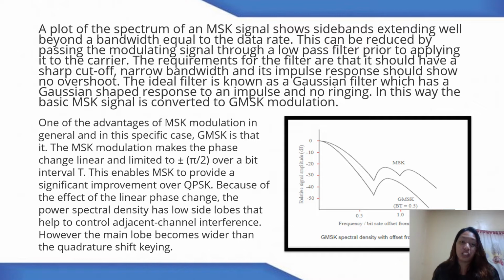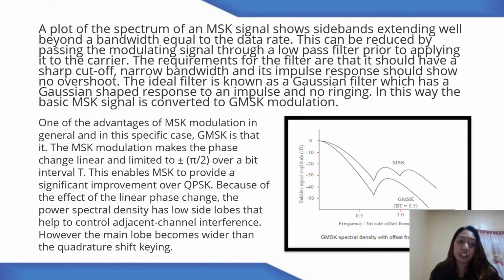One of the advantages of MSK modulation in general, and in this specific case GMSK, is that the MSK modulation makes the phase change linear and limited to plus or minus pi over 2 over a bit interval T. This enables MSK to provide a significant improvement over QPSK because of the effect of the linear phase change.